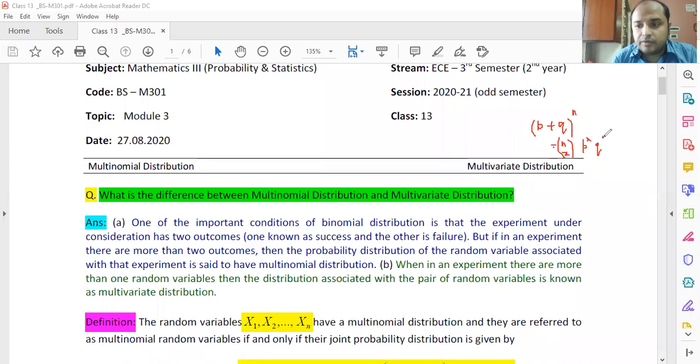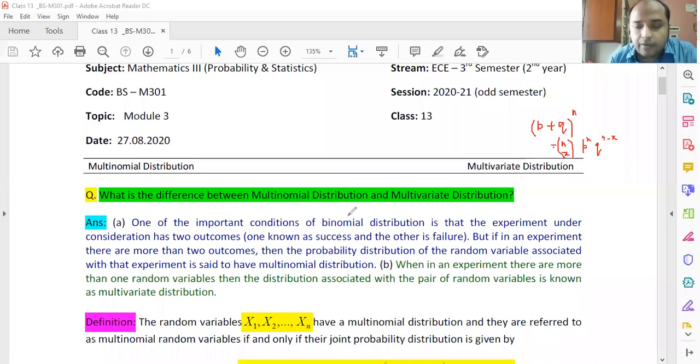But there are only two terms in this expansion, one is p and another is q. So therefore this is called binomial.